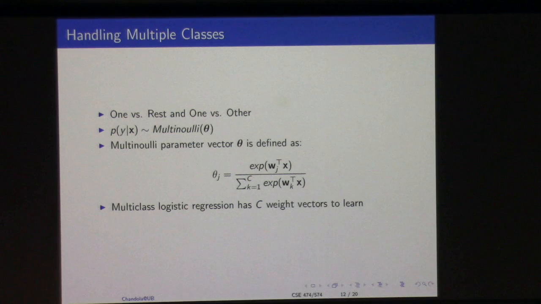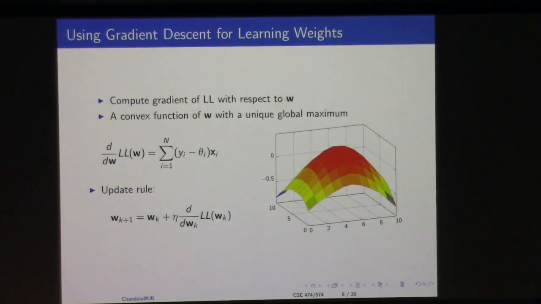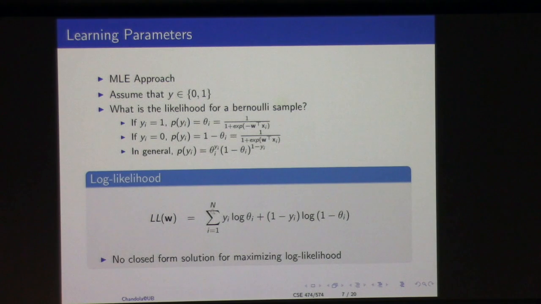You can compute the likelihood for all data points, which will be a variant of what we did here, except that instead of having just one class, this will be y1 log theta 1 plus y2 log theta 2 all the way to yk log theta k, where each theta k will be exp of wk transpose x over that summation term.